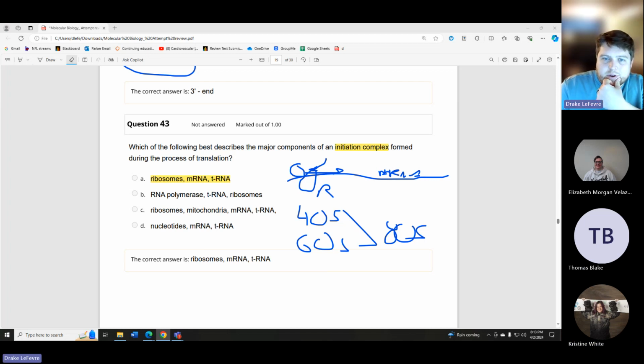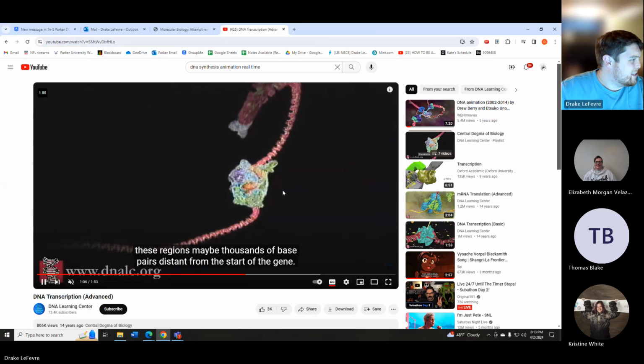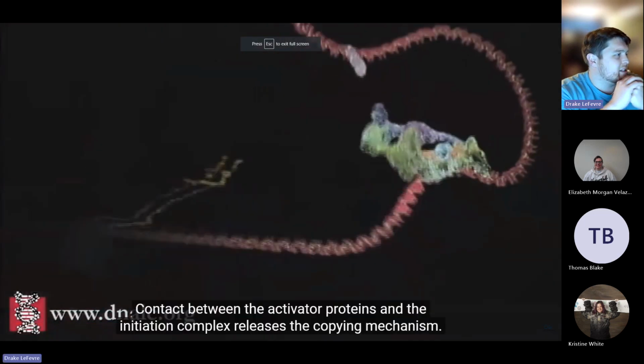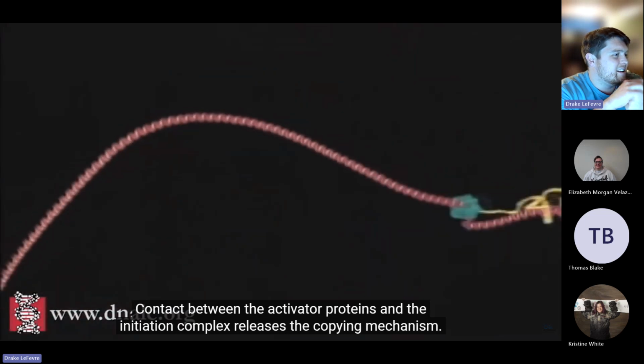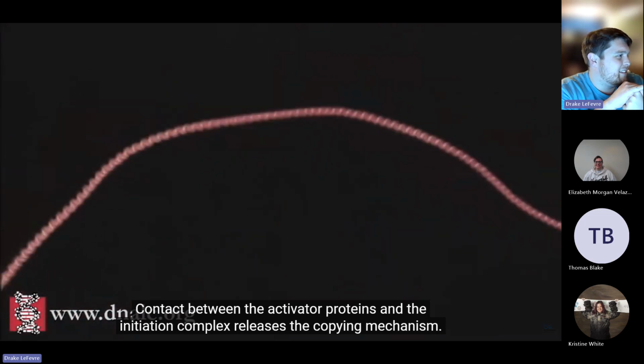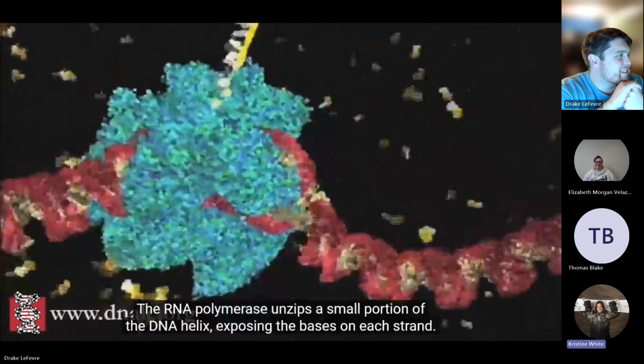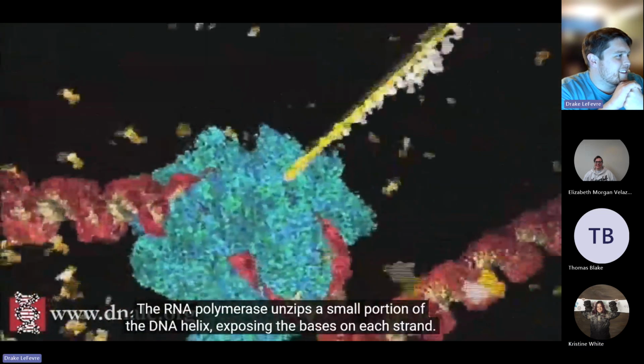There's some pretty crazy ones out there. Yeah, like this one. It shows the whole RNA polymerase, and then that launches it. So that's real speed, how fast these things are happening. Isn't that crazy?